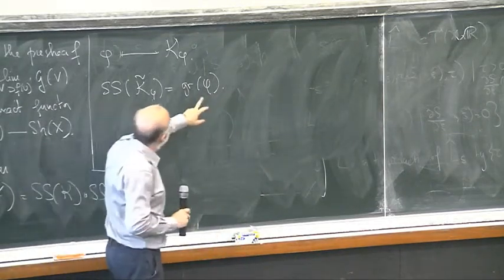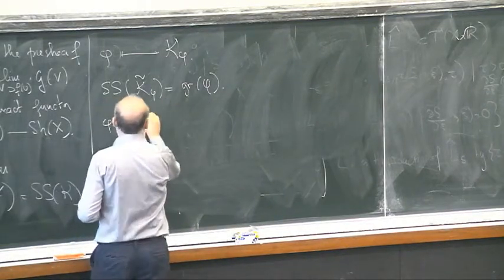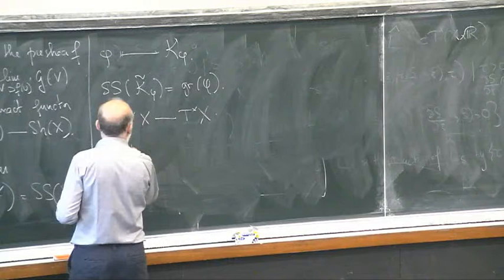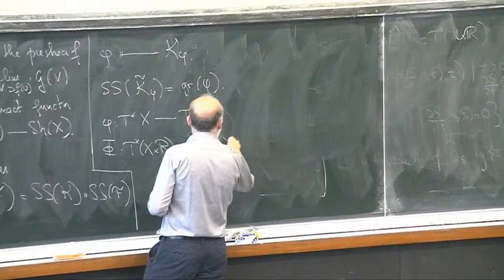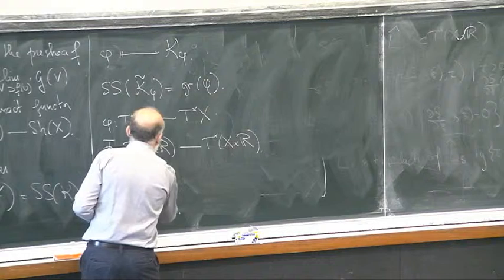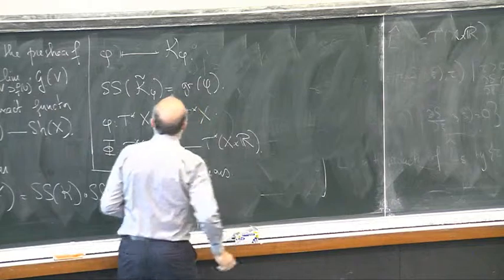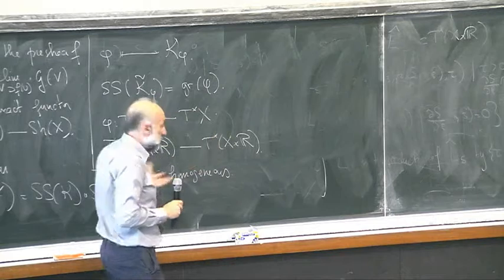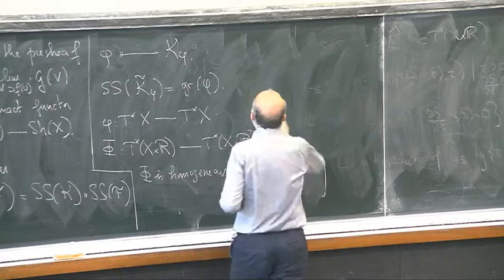You have to go from the map phi, which goes from, let's say, T star X to T star X, to a map capital Phi, which goes from T star X times R to T star X times R, and such that capital Phi is homogeneous. This is not hard to do. So what you're actually quantizing are, of course, homogeneous objects, because all the objects here are homogeneous. But really the important thing is the underlying phi.